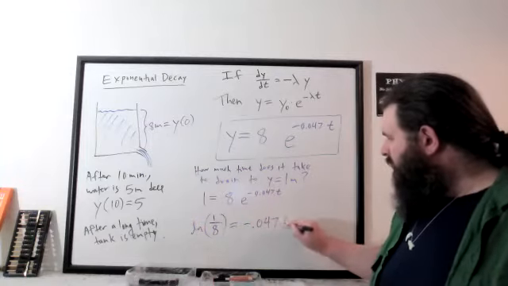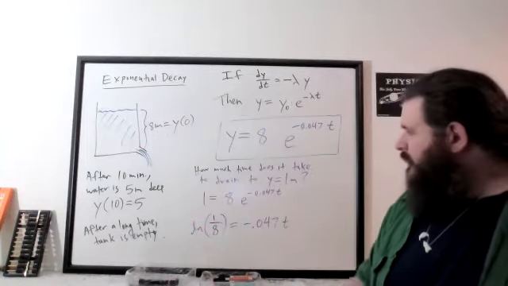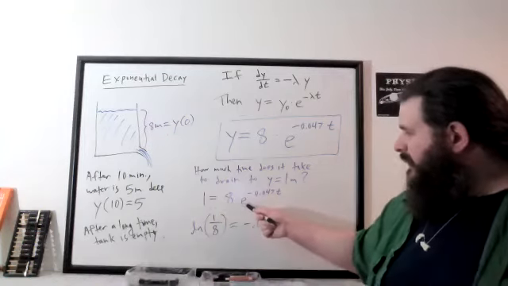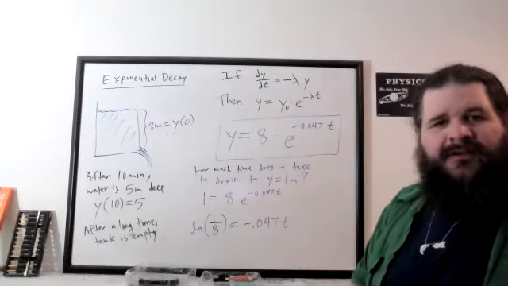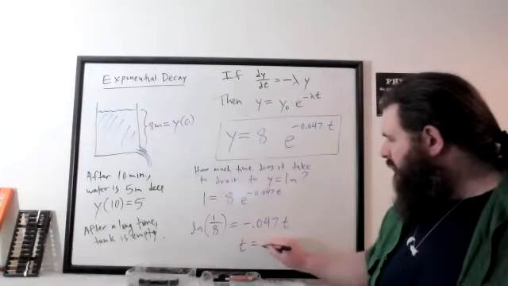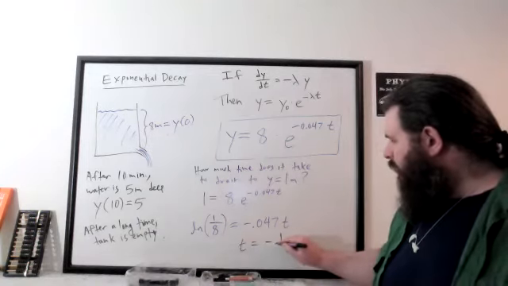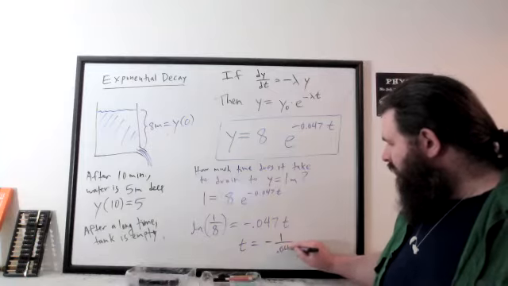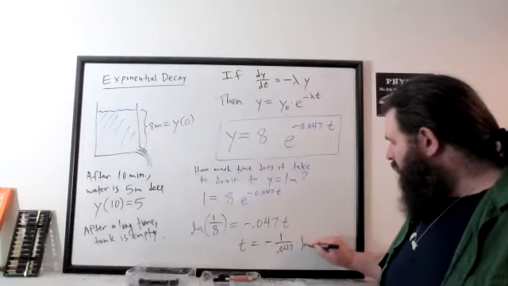And at this point, it's going to be very similar to the way we solve for lambda. Divide by this constant, take the natural log of both sides to cancel out the exponential function, and then divide by lambda. So t is going to be negative 1 over 0.047 times logarithm of 1/8.